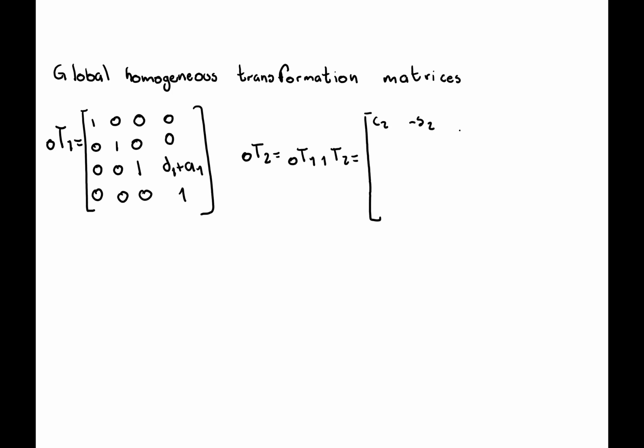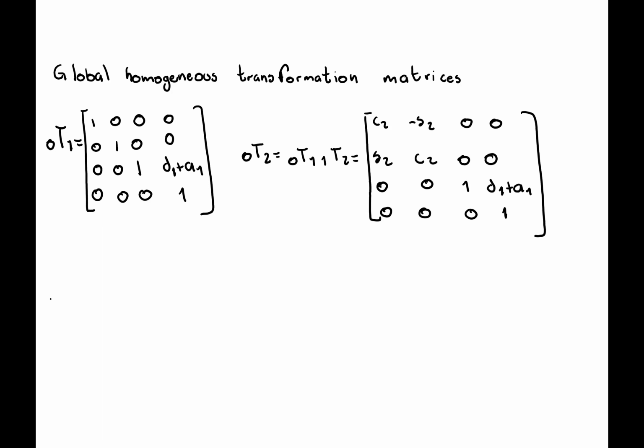C2 S2 0 0, S2 C2 0 0, and then 0 0 1, d1 plus a1, 0 0 0 1.